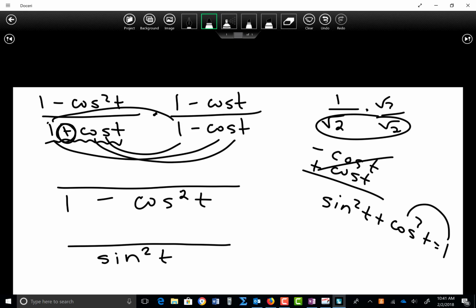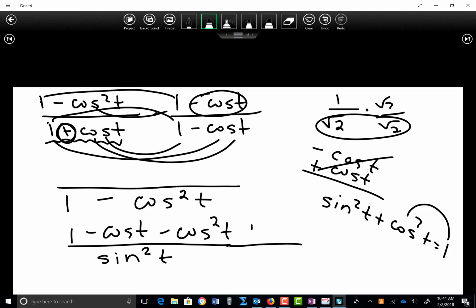On the top, I have 1 times 1 is 1. 1 times minus cosine is minus cosine. Minus cosine squared times 1 is minus cosine squared. And minus cosine squared times minus cosine is plus cosine cubed.